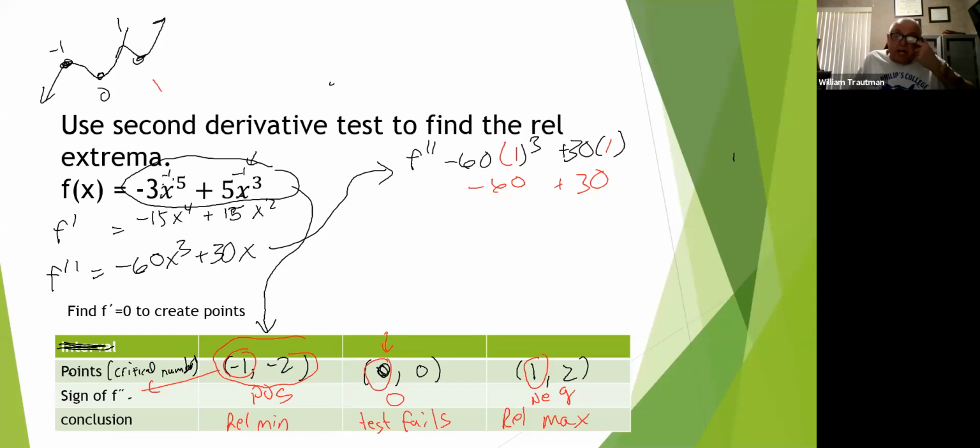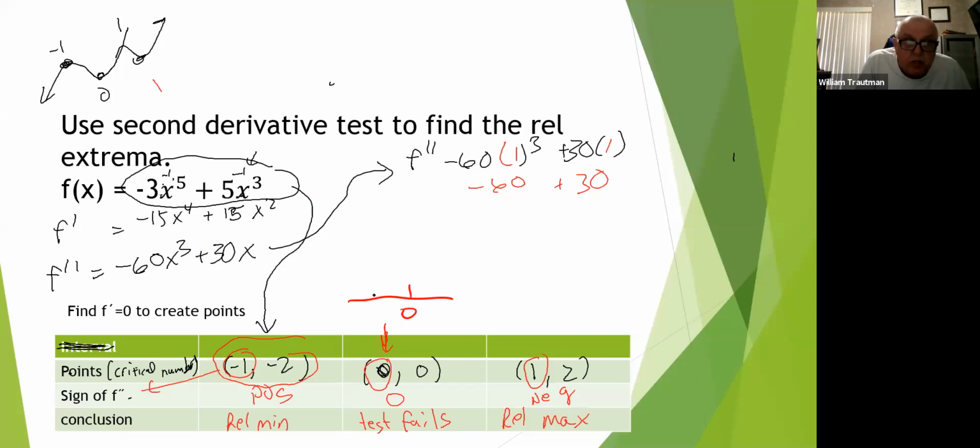You have to go back to the first derivative test that we learned. If you plug in a number before 0 and then a number after 0, I'm looking at a number line again, here's 0.